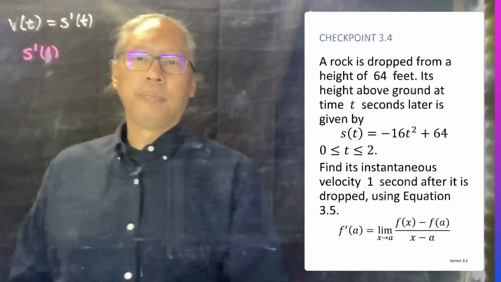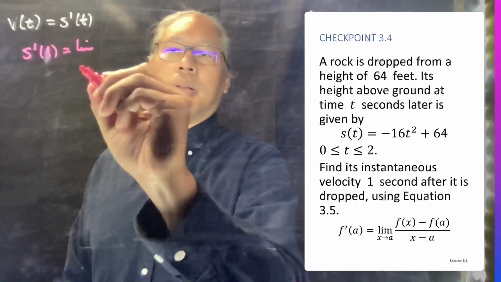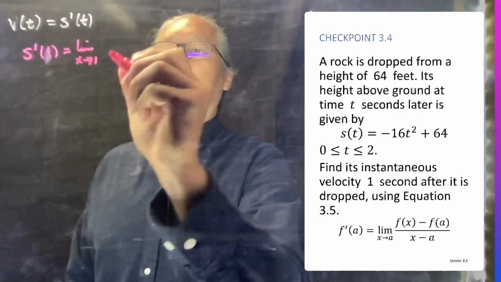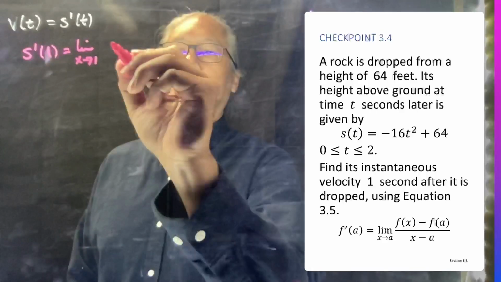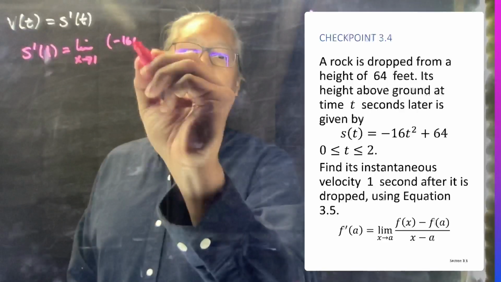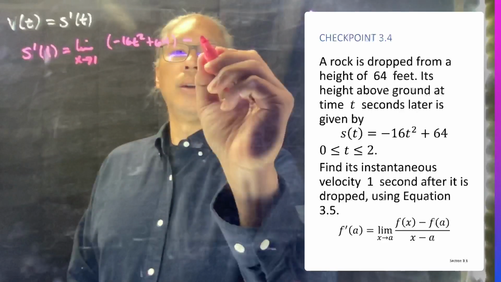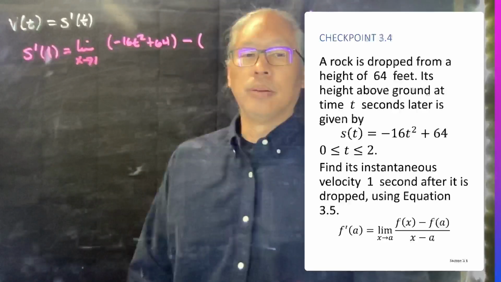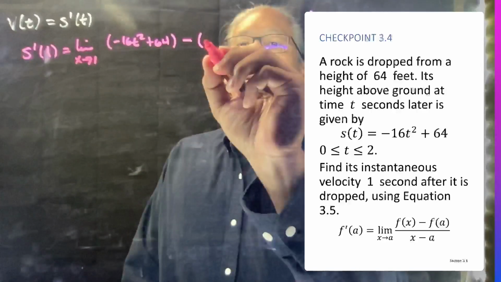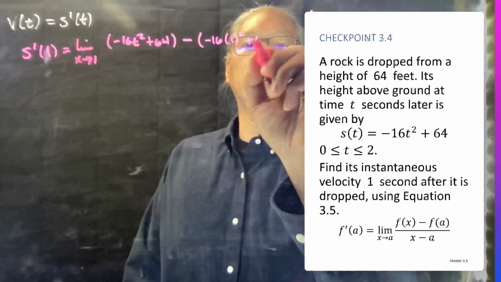S prime of 1 is going to equal, according to the formula, the limit as x approaches 1 of s of t, which is negative 16 t squared plus 64, minus s of 1, and so this would be negative 16 times 1 squared plus 64.